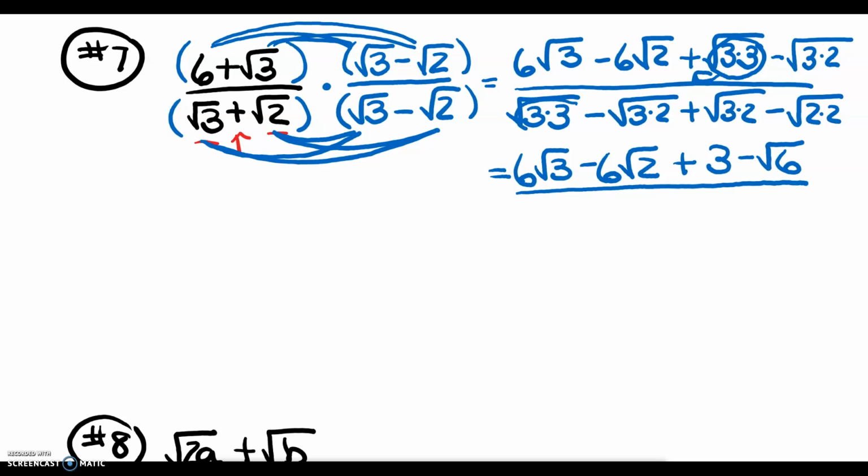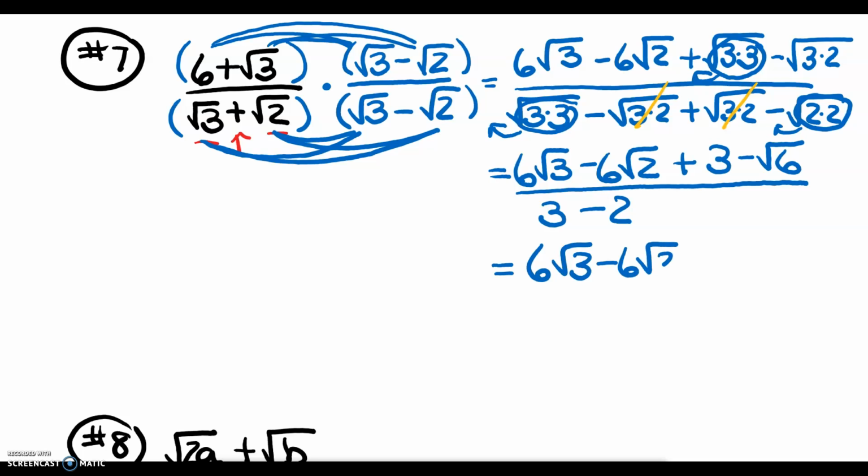And then I have a group of 2 3's in the first one, so I'm pulling one out. I notice that minus radical 3 times 2 and plus radical 3 times 2 are the same terms. And now I have a group of 2 2's, so I'm going to pull one of those 2's out, minus 2. And when I reduce the numbers in the denominator, I just get a 1, so I just have my numerator left.